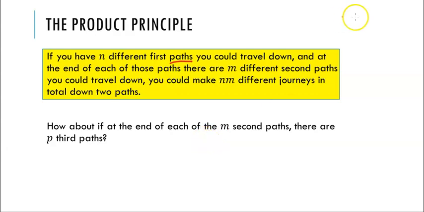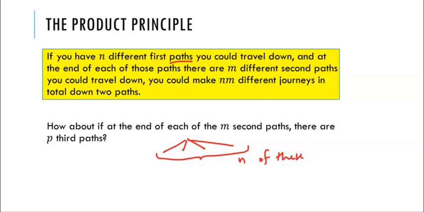So just to make it clear what it's saying here, it doesn't matter how many there are, but there are n different first paths we could travel down. So there are n of these. And then at the end of each of these there are, I don't know, m of these.